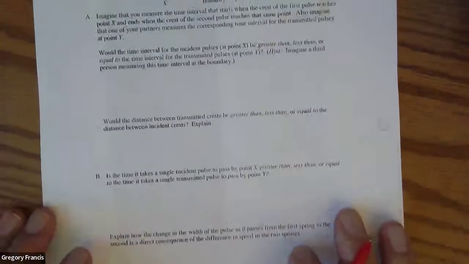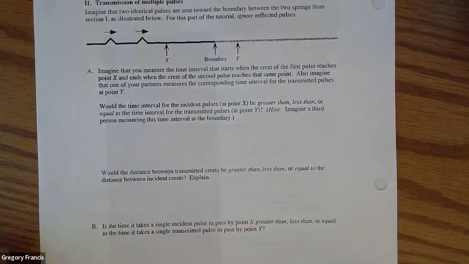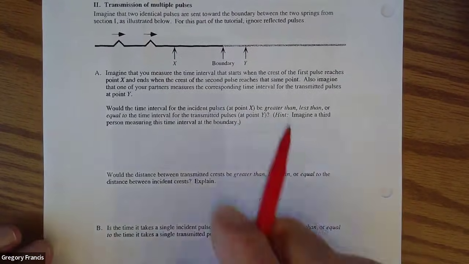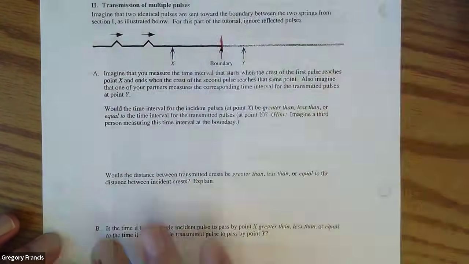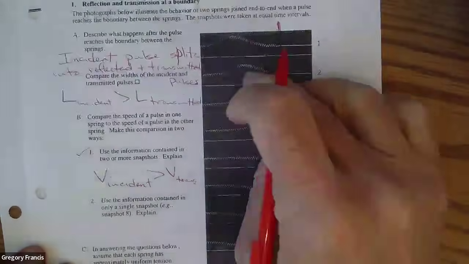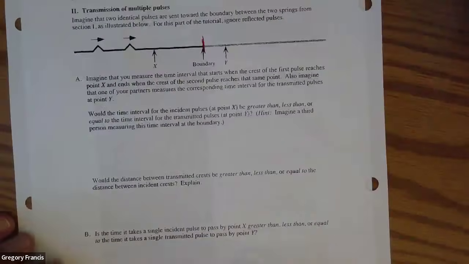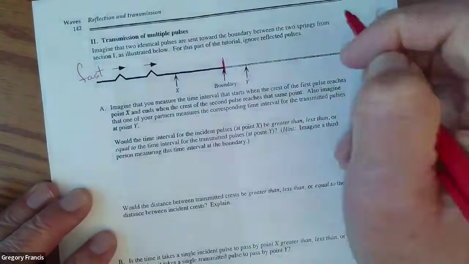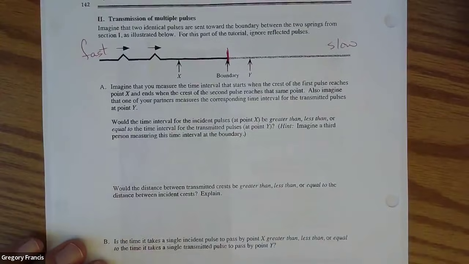Now, we're going to look at what happens to the width of a pulse when it passes from one spring to another. We want to imagine that this is the boundary between these two springs that were shown on page one. So this is going to be the fast side, and this is going to be the slow side over here.